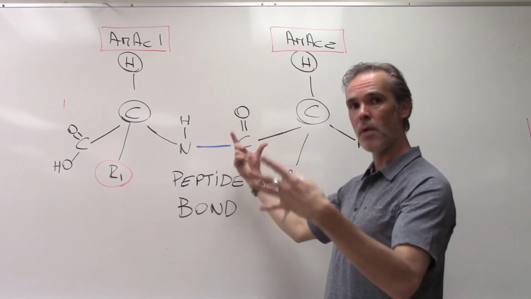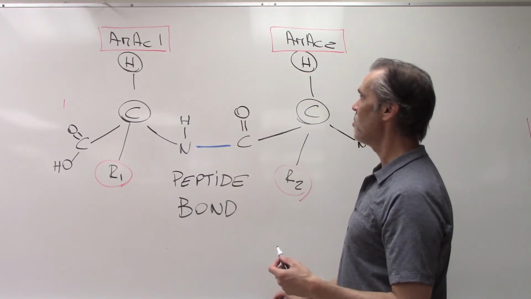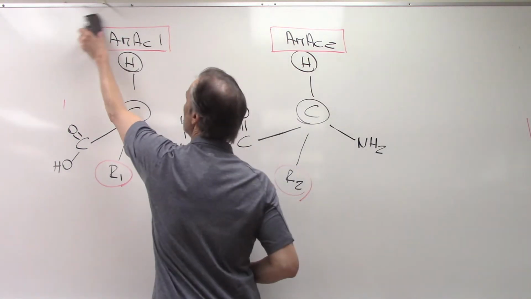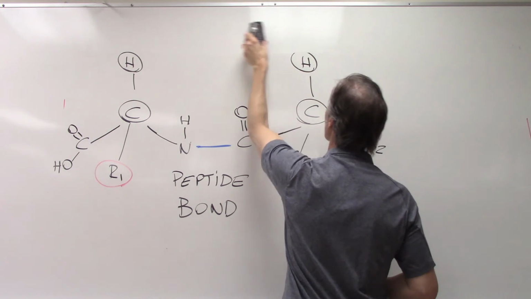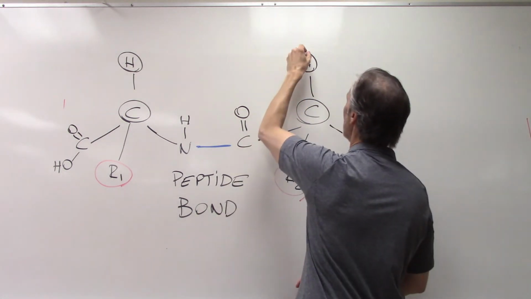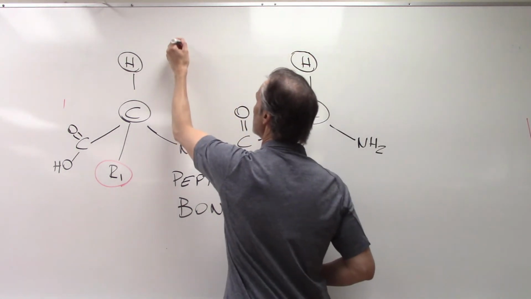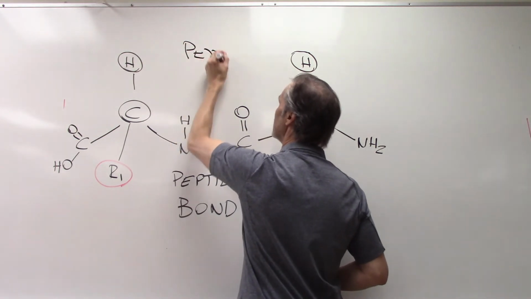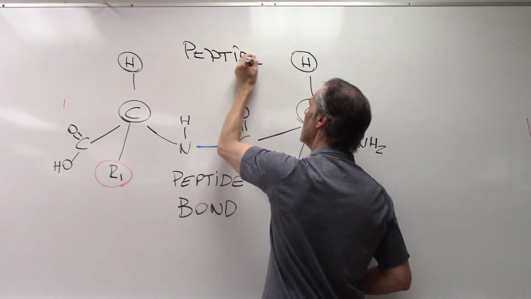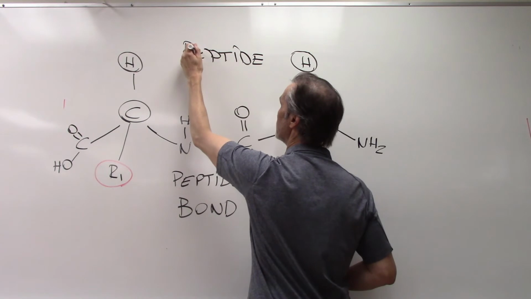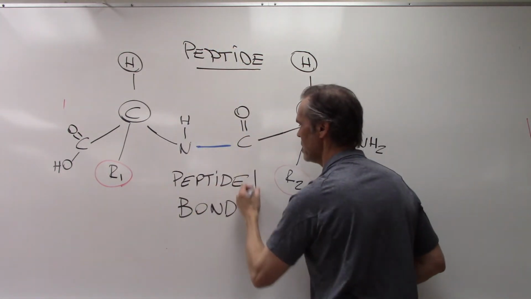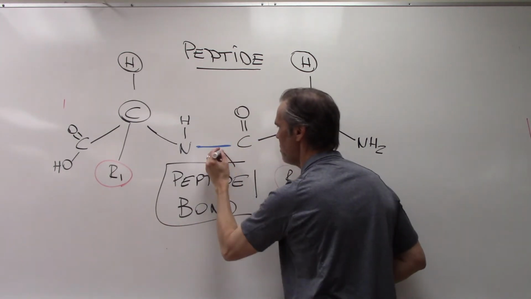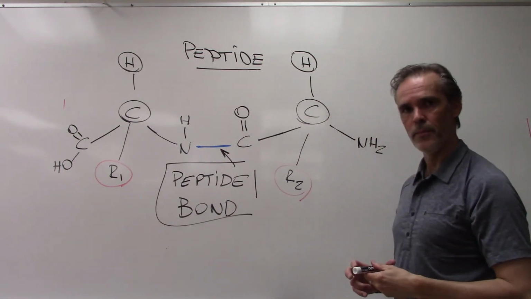We have a bigger molecule. We don't consider them individually anymore. And we say that what we have here is known to be a peptide. So peptide right here, and this link here is the peptide bond right there.